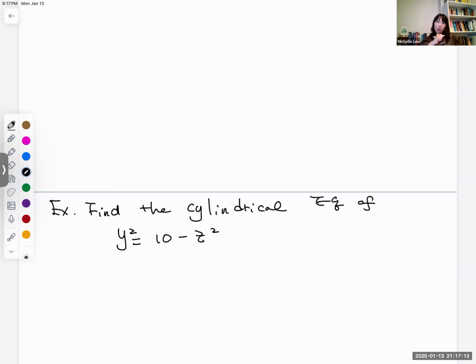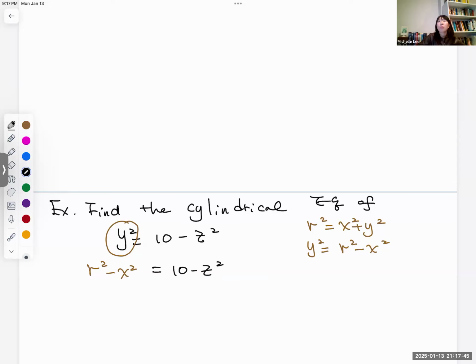We don't want the y squared, right? So we had r squared equals x squared plus y squared. Then y squared is r squared minus x squared, right? So let's substitute: y squared as r squared minus x squared equals 10 minus z squared.